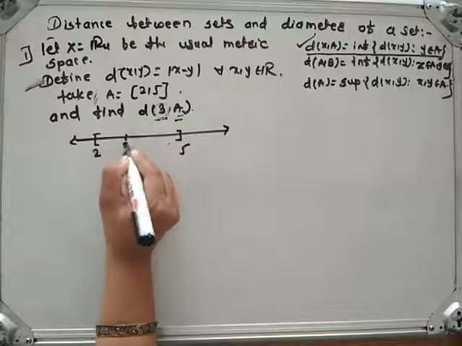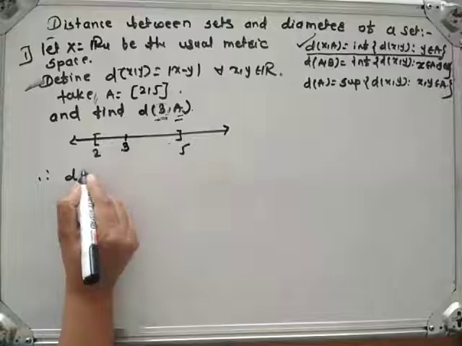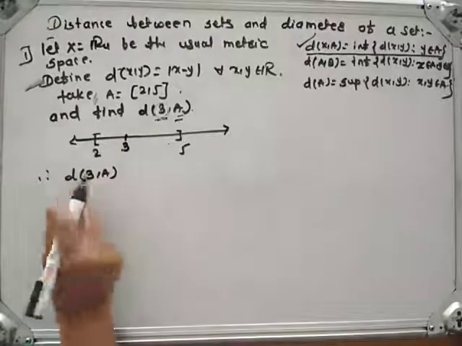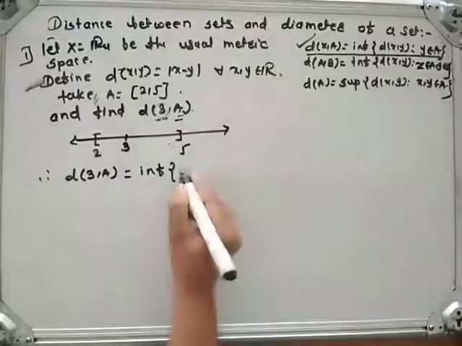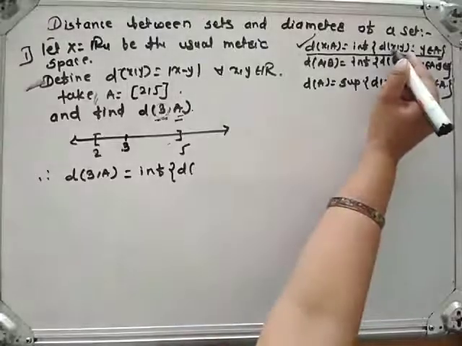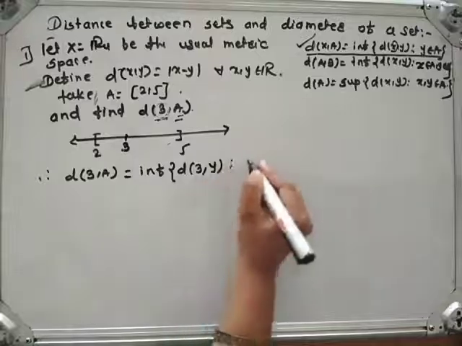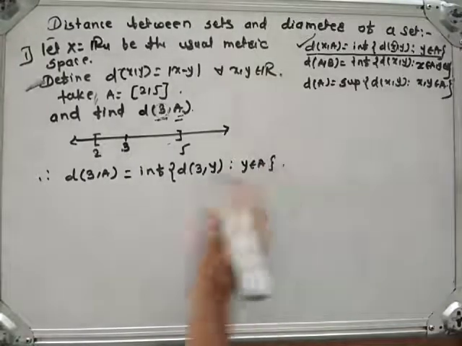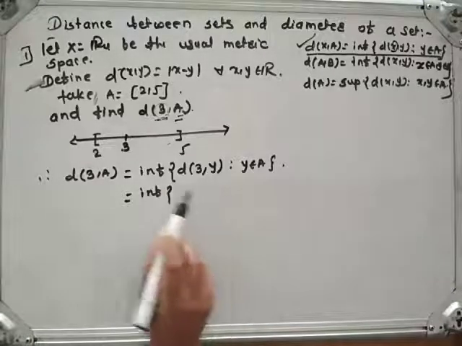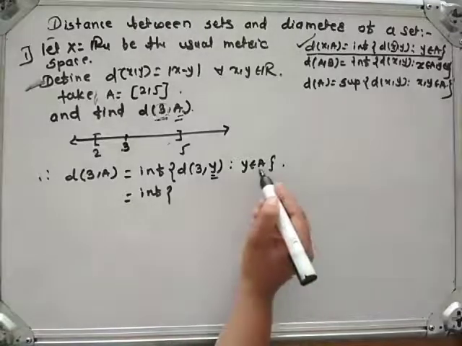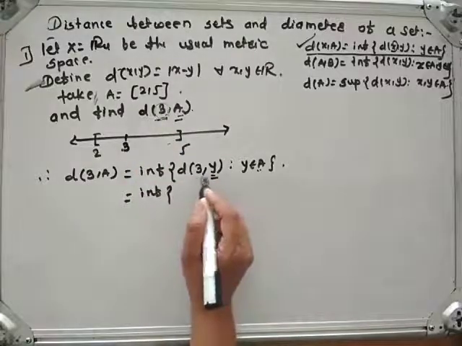So d(3, A) is the infimum of the distance of 3 from y such that y belongs to A. Here y belongs to A, and observe that 3 also belongs to A.